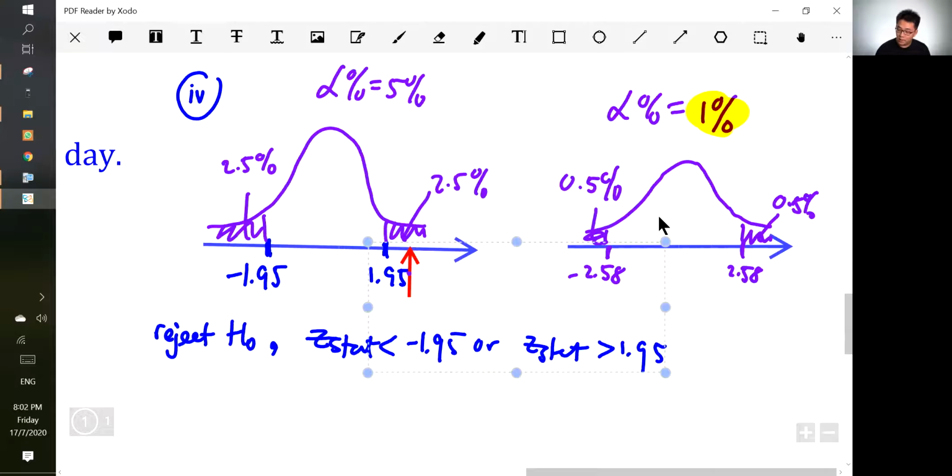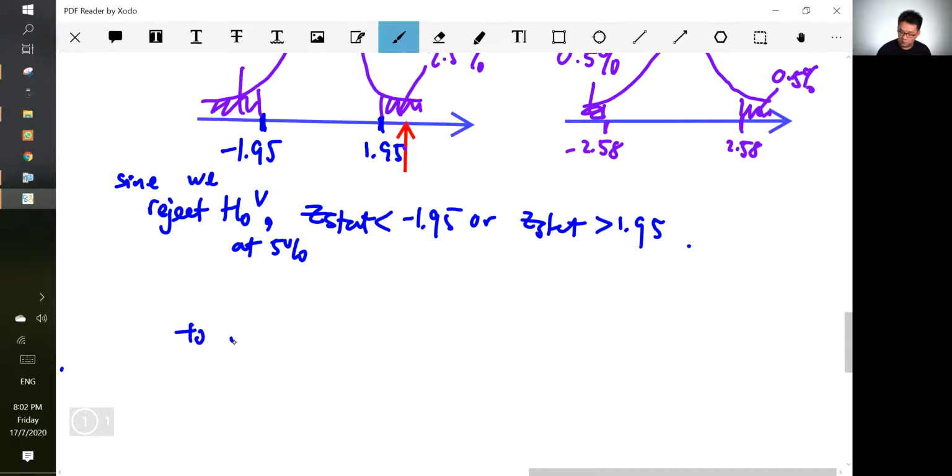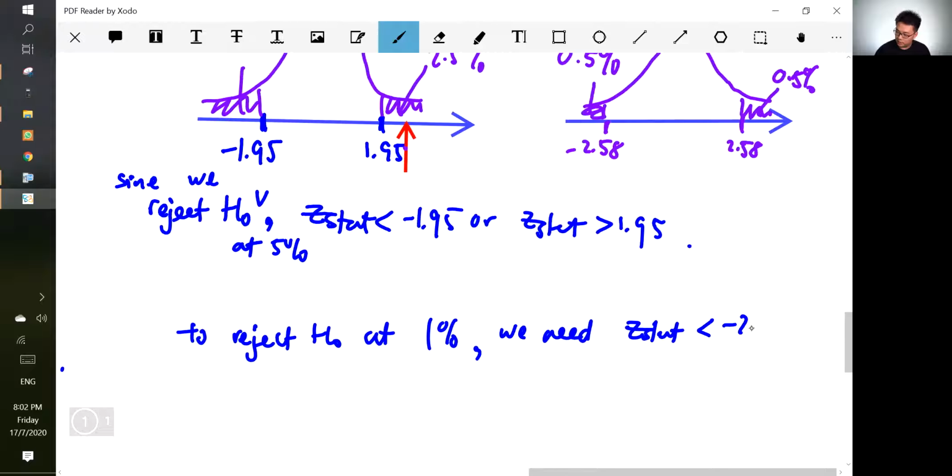So how do you write? Since we reject H naught at 5%, this has to hold true: to reject H naught at 1%, we need Z stat to be less than minus 2.58, or Z stat more than 2.58, definitively.